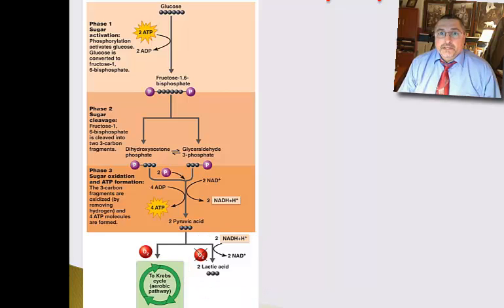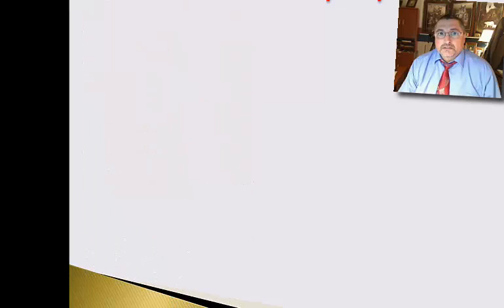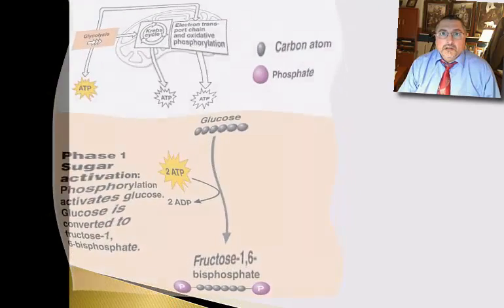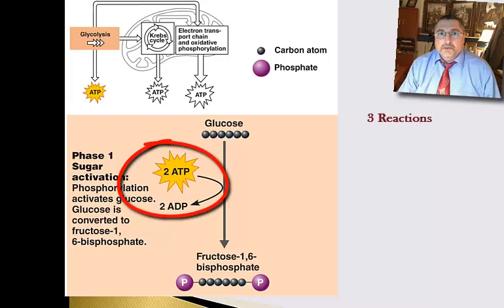There are 3 phases associated with glycolysis. These phases are sugar activation, sugar cleavage, and sugar oxidation. Let's take a look at each of these 3 phases. Sugar activation requires an input of 2 ATPs. We're basically priming the pump and starting the process.